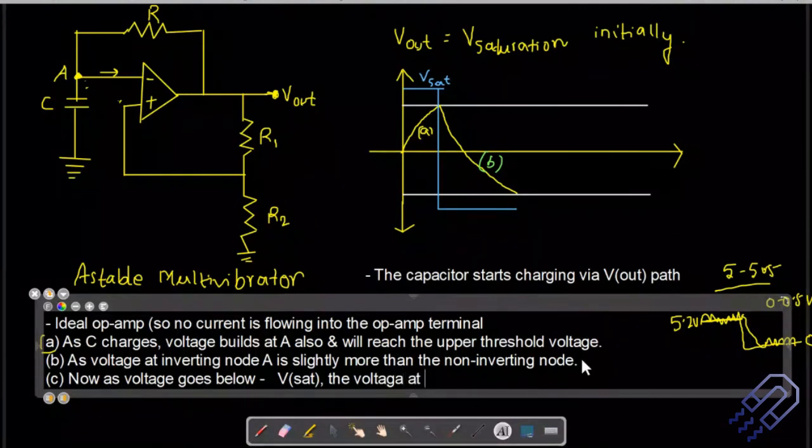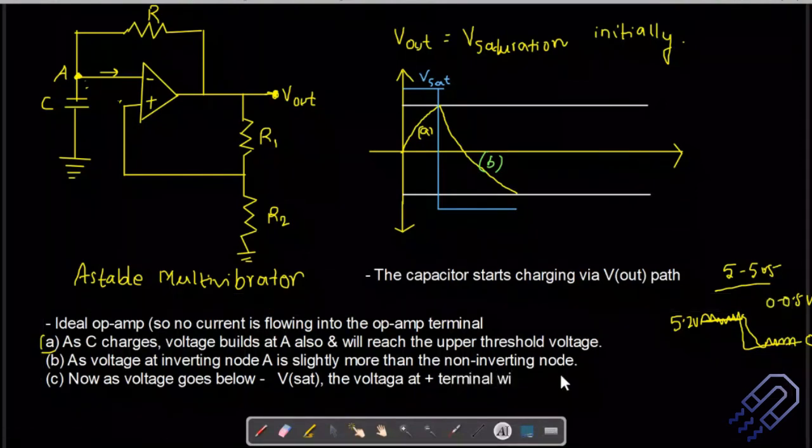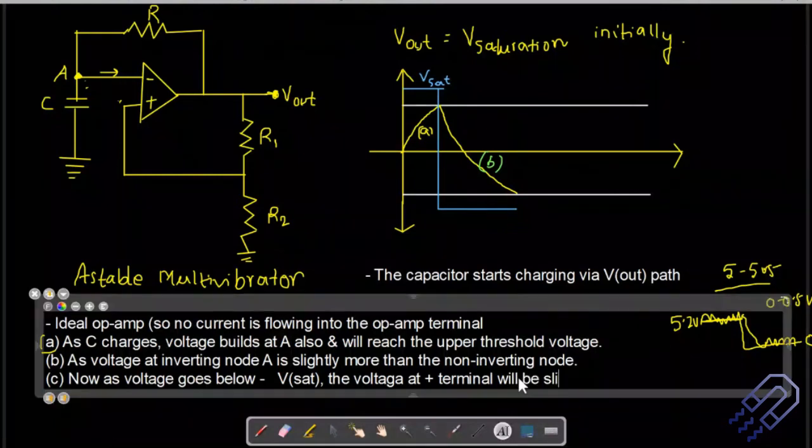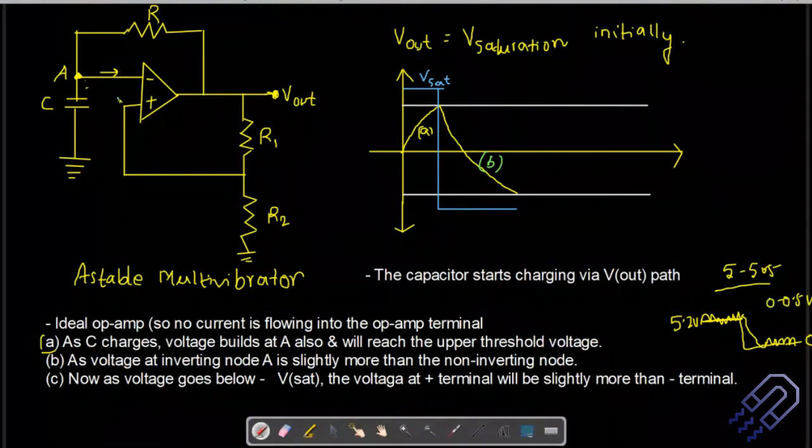Now the voltage at the positive terminal will be slightly more than the negative terminal. Now it happens the other way: at this particular point the voltage will be more, and at this point the voltage will be less. As soon as this happens, the capacitor will start charging.